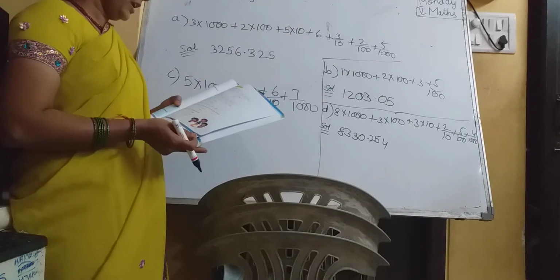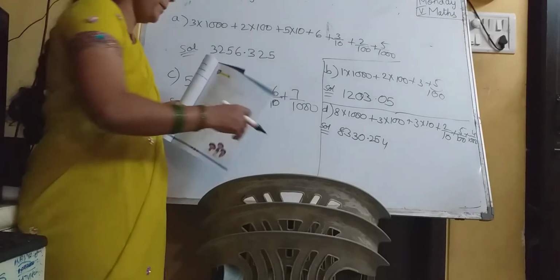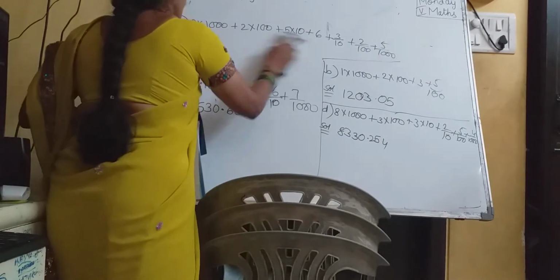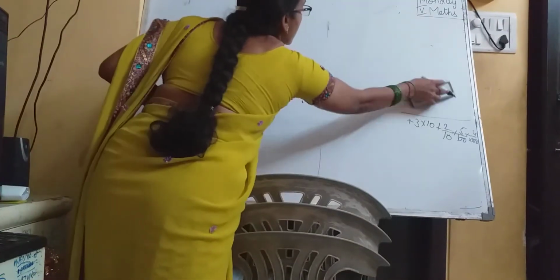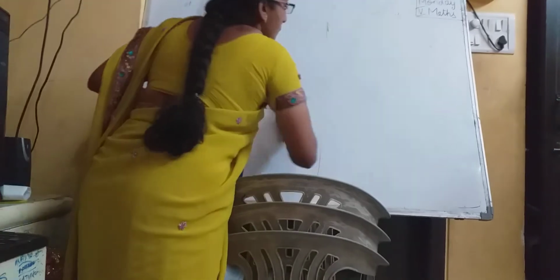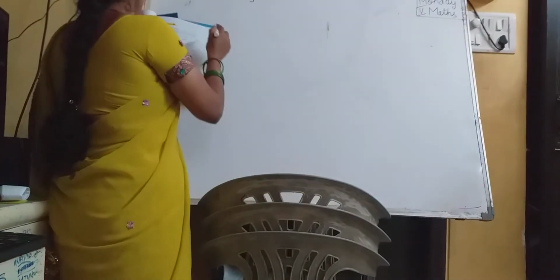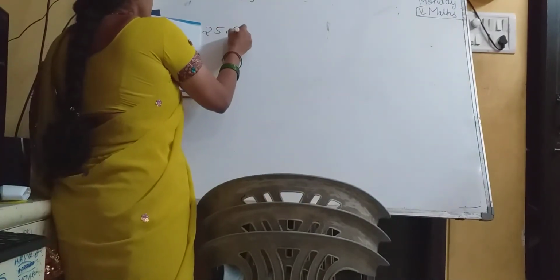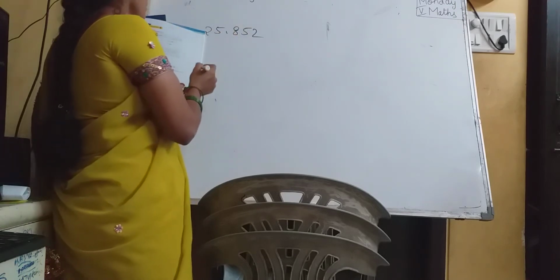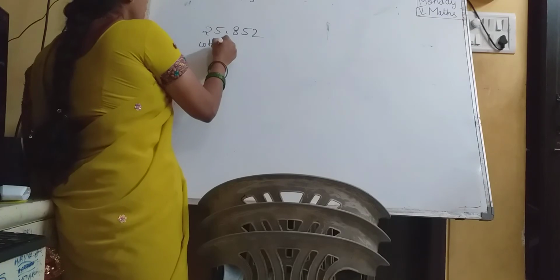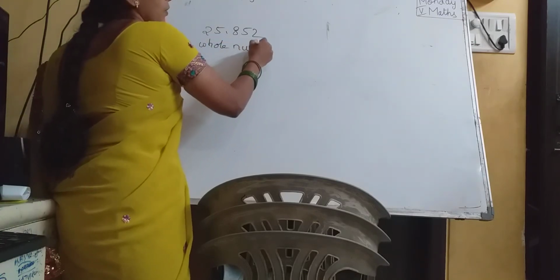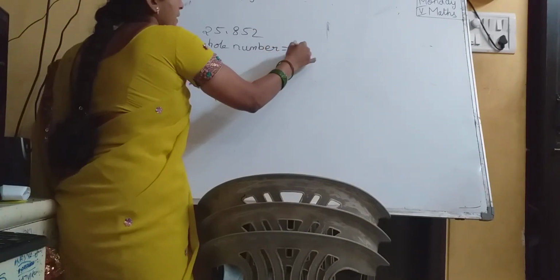Yes, children. Now, come on, copy it in the term book itself, children. Write this in your term book itself. 25.852. Just now I explained which is the whole part. The whole number is equal to 25.